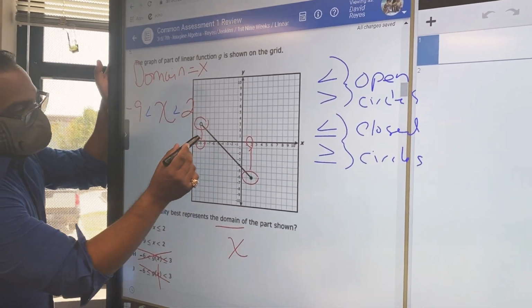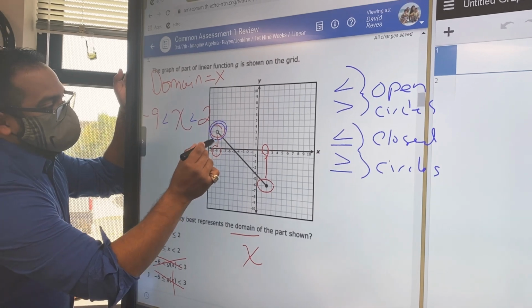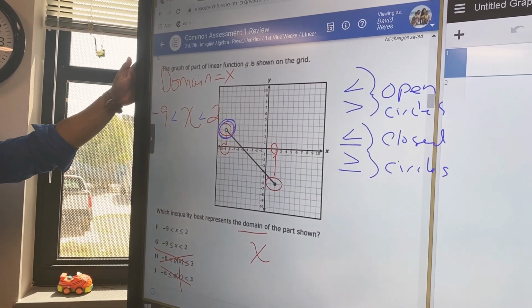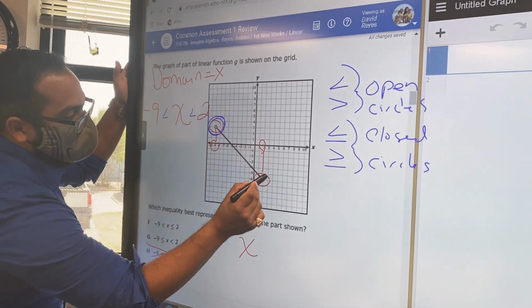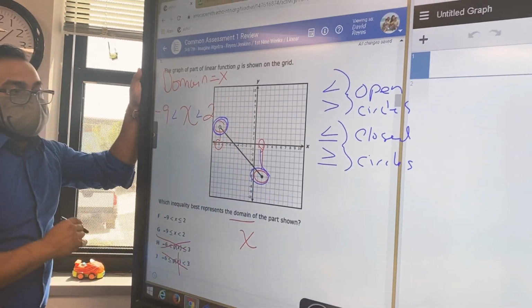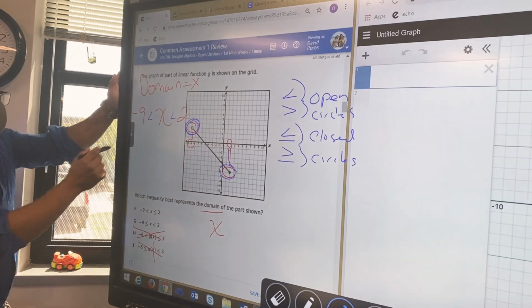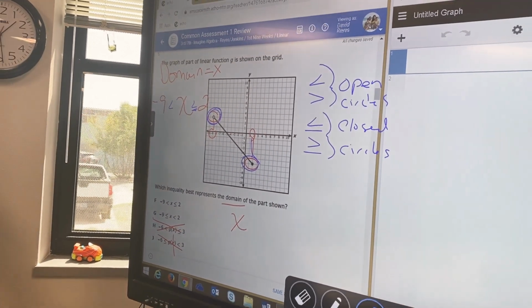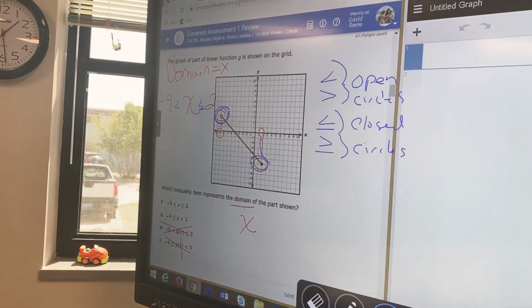On -9, do I have an open or closed circle? Open. So do I need that bar underneath? No. There is a closed circle at what number? 2. Not -2 on my x, which means I need that bar underneath the inequality symbol that is with my 2. Okay?